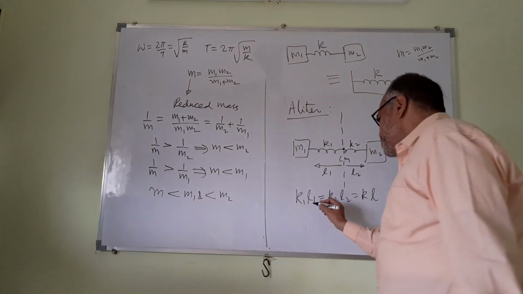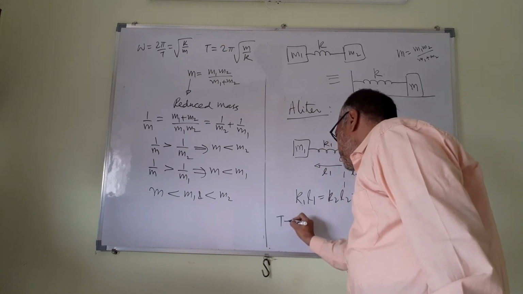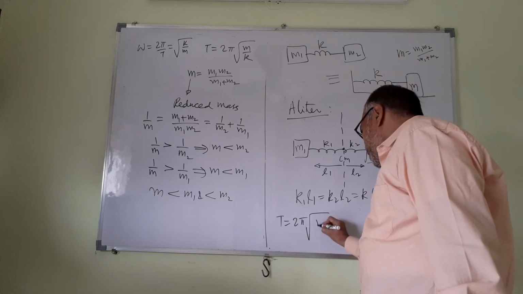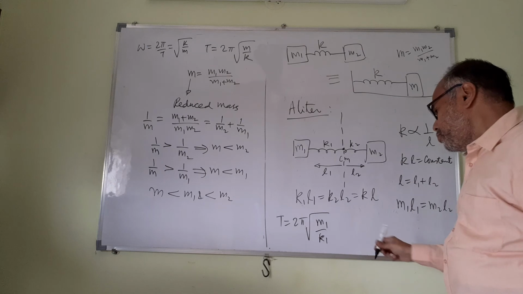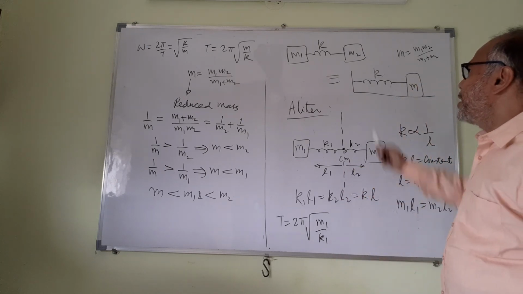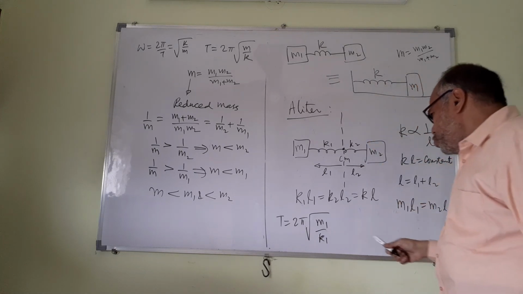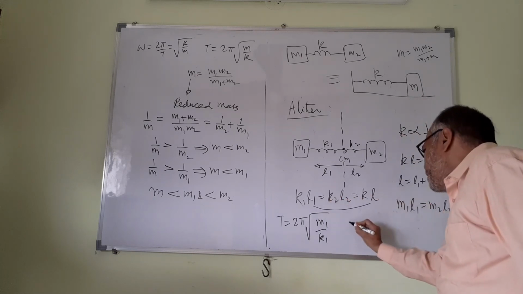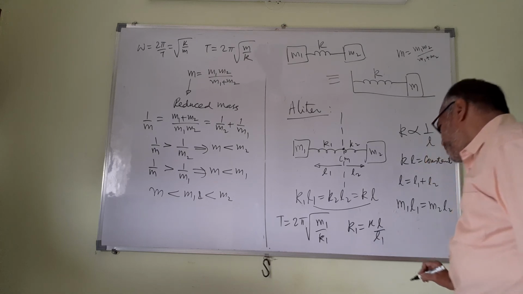So here if you see the time period of this system, T is equal to 2 pi root of M1 by K1. Our object is to get K1 in terms of K, because that is what is given in the problem, in the system. So how can we get K1 in terms of K? Use this. K1 is equal to K into L by L1.